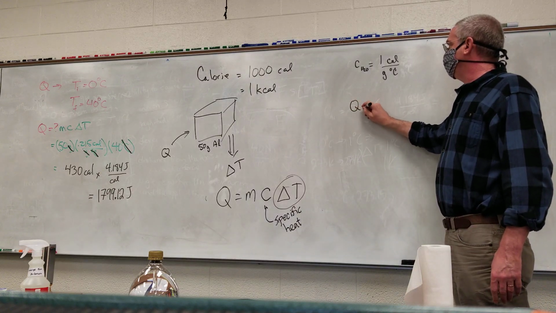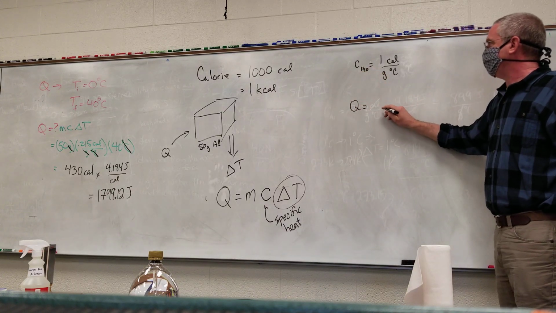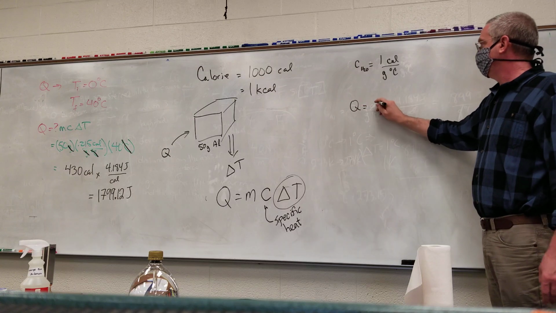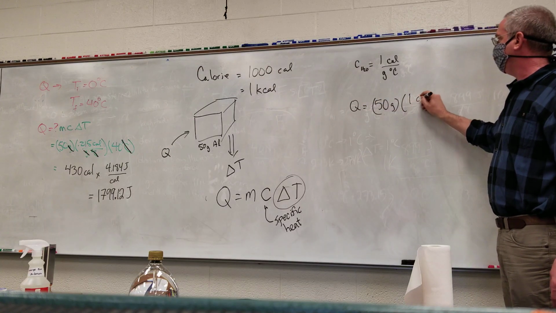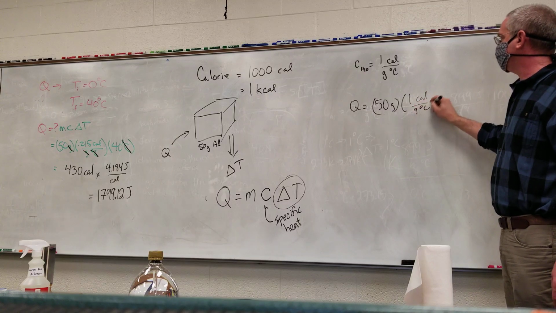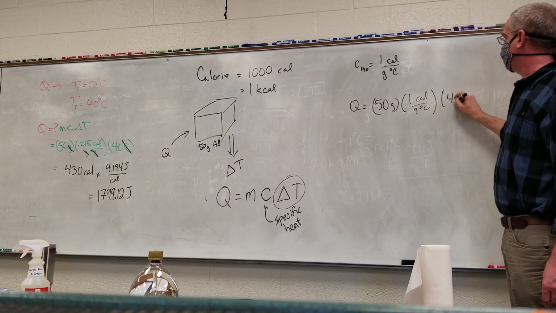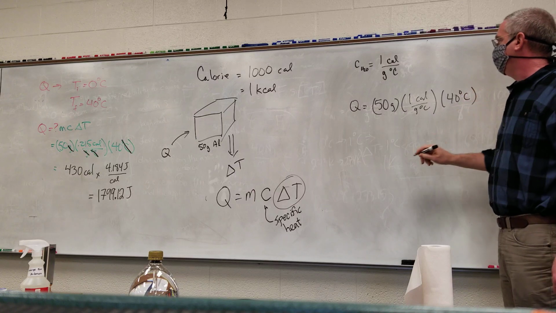So if we're dealing with water changing 40 degrees Celsius, again, 50 grams of water, I've got 50 grams times 1 calorie per gram degrees Celsius times 40 degrees Celsius.